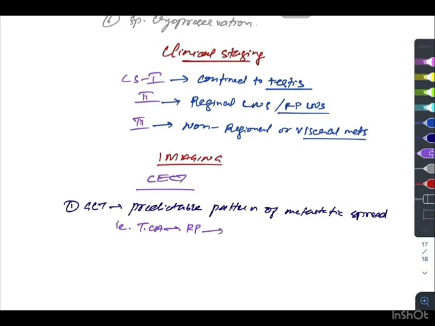From the retroperitoneal lymph nodes, it will go into the cisterna chyli, and from there to the thoracic duct and ultimately to the left supraclavicular lymph nodes. This is an orderly spread.